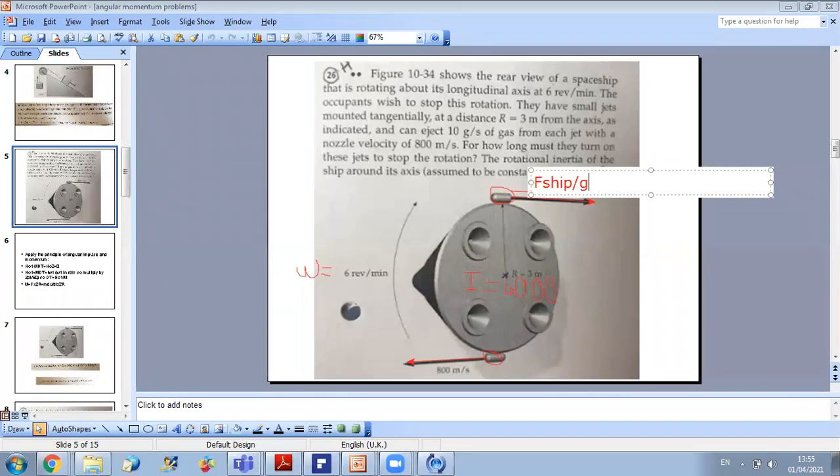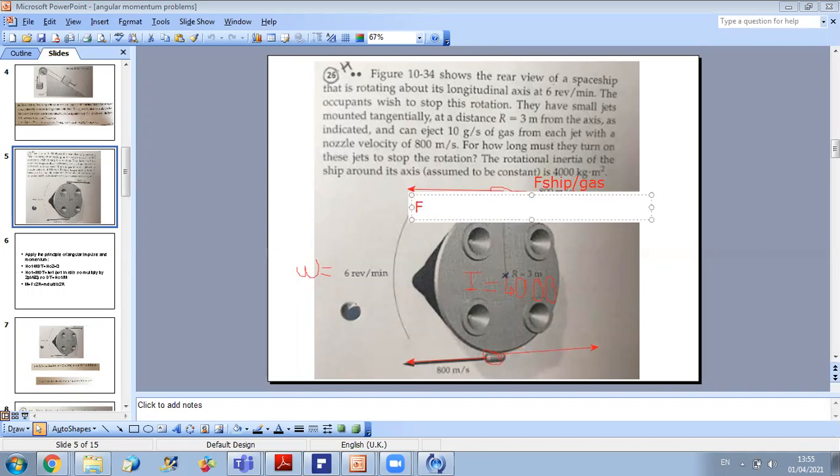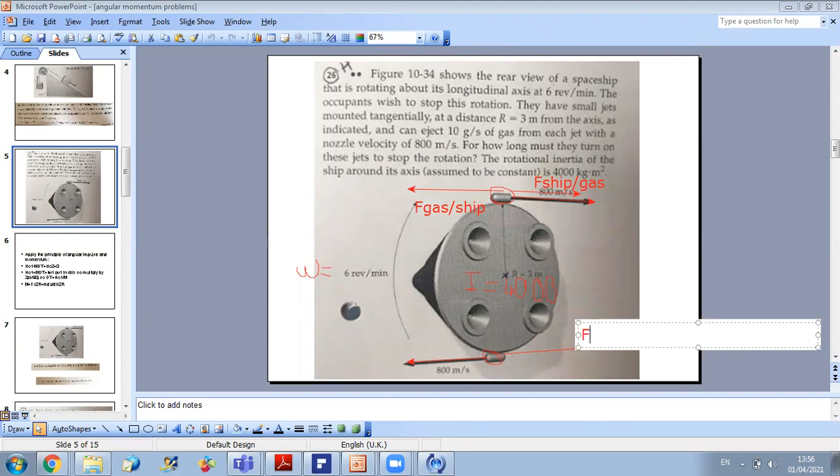So by action reaction, the gas will do an opposite force on the ship, which will tend to decelerate its rotation, like this. So here we have the force of gas on ship, F of gas on ship, and from the other side it is the same. Here also we have F of gas on ship.